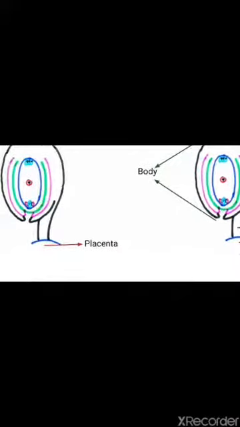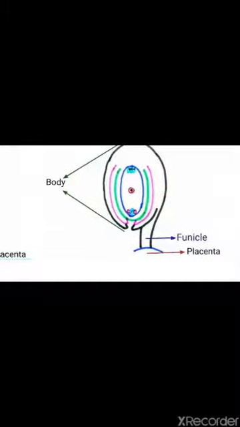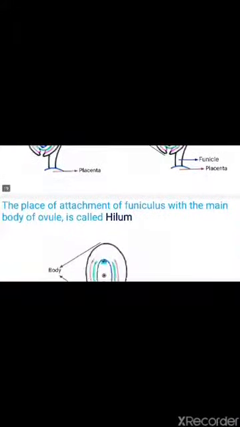The line shown in blue is the placenta, and the body of the ovule is attached with the placenta by the very small stalk, and that stalk is called funicle. Funicle or funiculus.